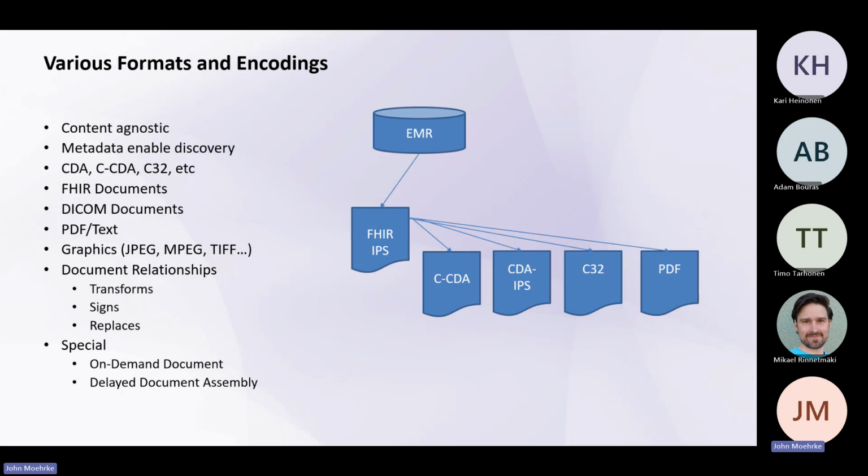One of the important additional functionalities of the document sharing concept is that there are relationships in the metadata. So you can have more than one version of a document registered, for example version 1, version 2, version 3, and those would have a replaces relationship.